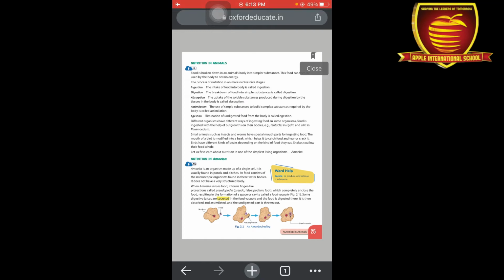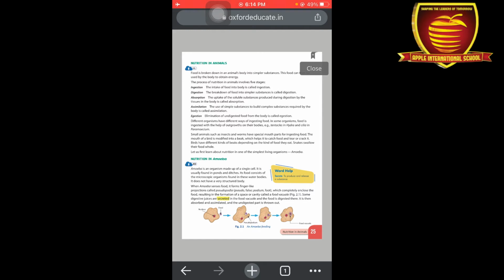The first process is ingestion. The intake of food into the body is called ingestion, means the initial stage of any animal taking in food. The second process is digestion. In the digestion process, the food that we take in through our mouth is broken down into the simplest substances.